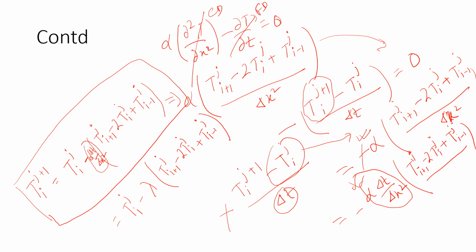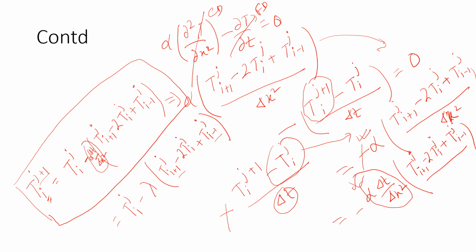So if I want to know the temperature at i after j plus 1, what we need is the value of temperature T at node i plus 1 and node i minus 1 at the time t equal to j, right?